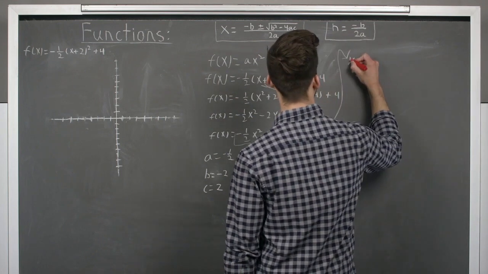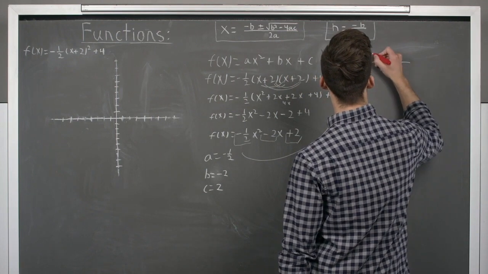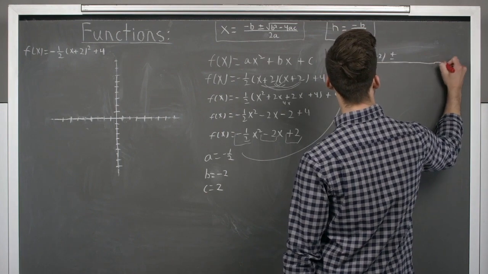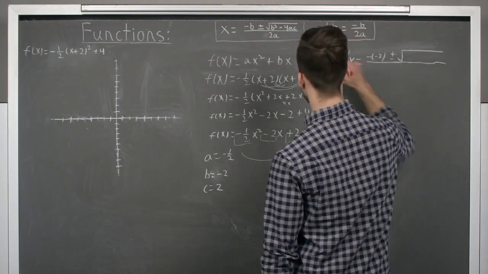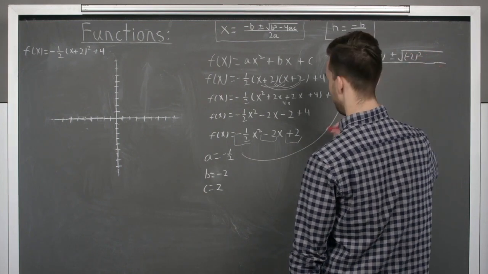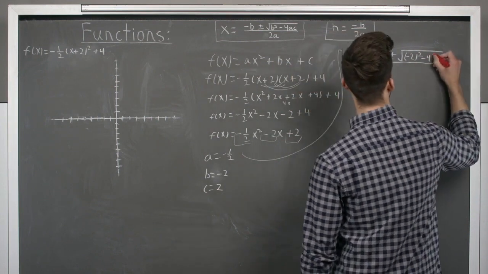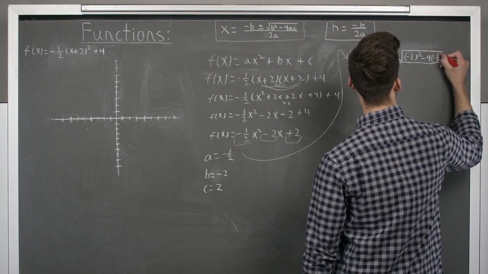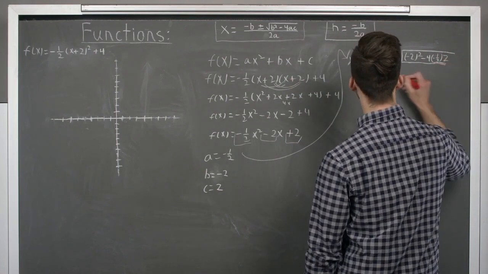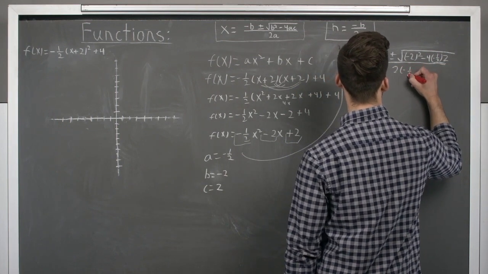So we have x is equal to -b, so -(-2), and then we have a plus or minus. Our square root here is b squared, so -2 squared, and then minus 4 times a, which is -1/2, times c, which is 2, and then all that is over 2 times a, so 2 times -1/2.